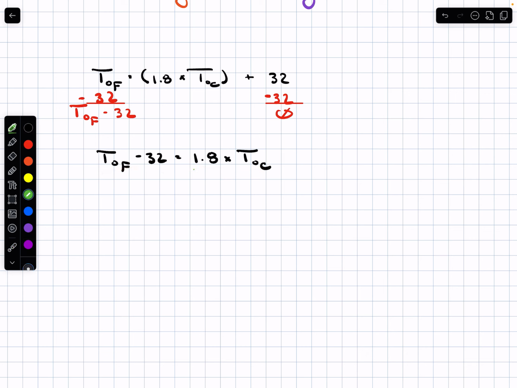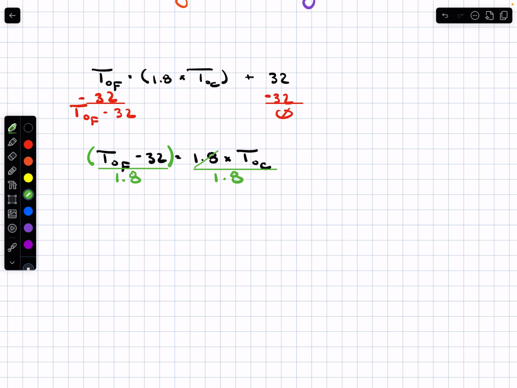So I'm going to take my right-hand side, divide by 1.8. The entire left-hand side is also divided by 1.8. So I'm going to make that explicit by adding parentheses there because I'm dividing that whole thing by 1.8.